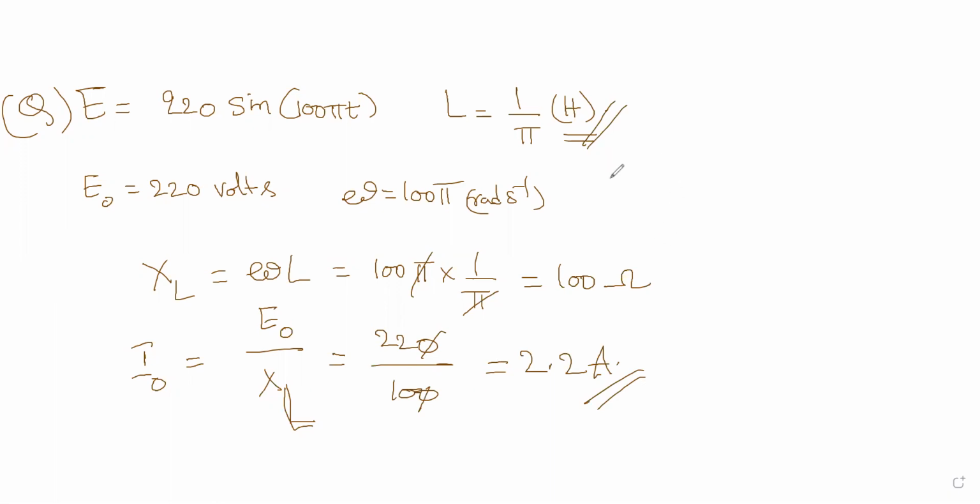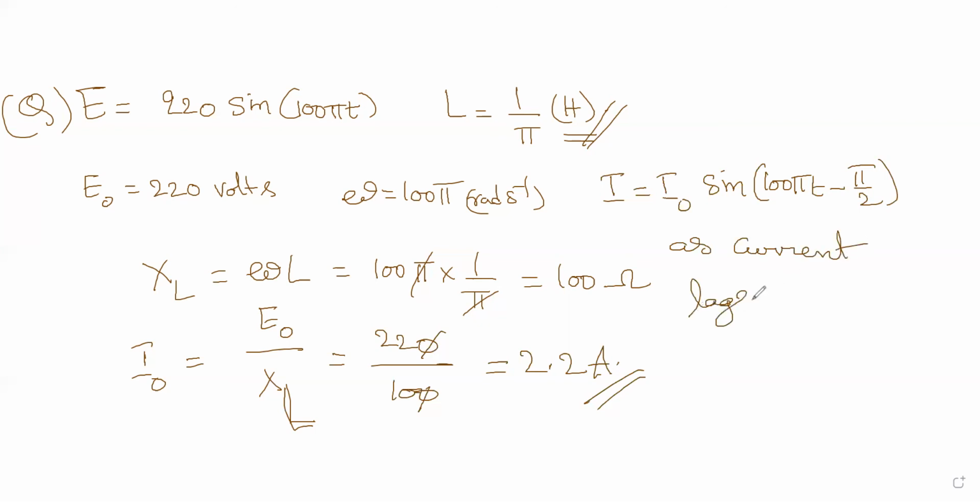The instantaneous current equation: I is equal to I naught sine of omega t, that is 100 pi t, minus pi by 2, as current lags the voltage, or voltage leads the current. Both things you can give as the answer.